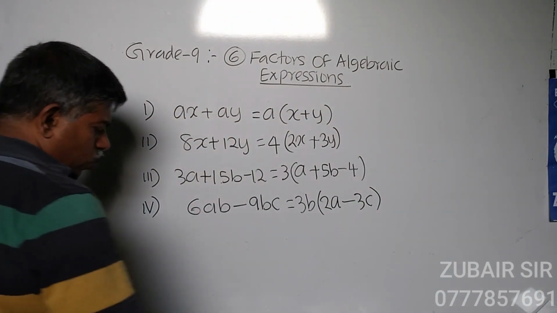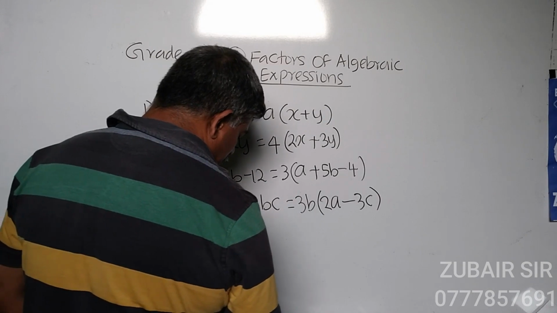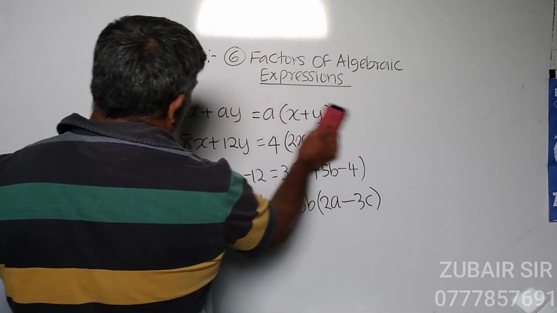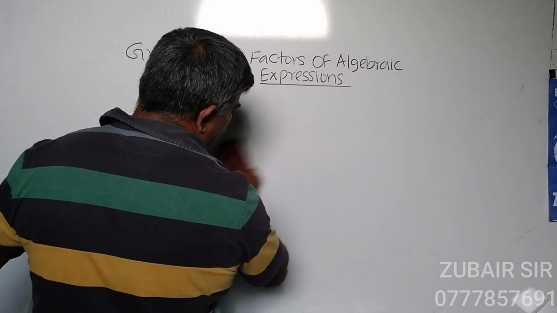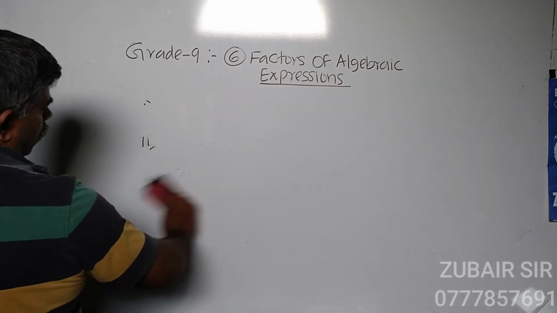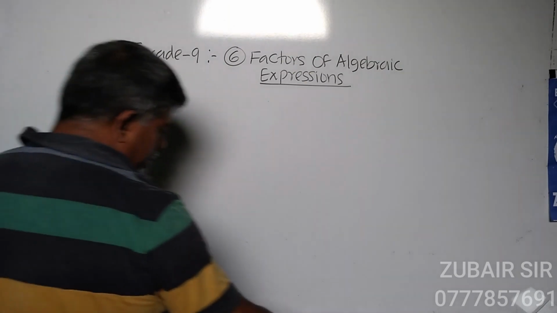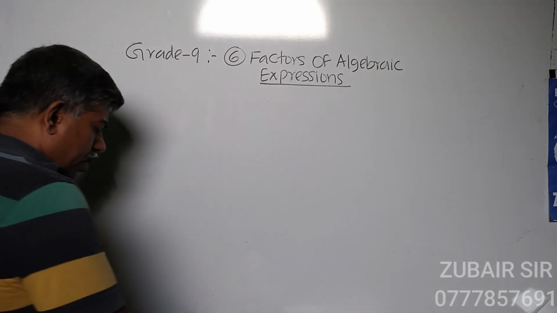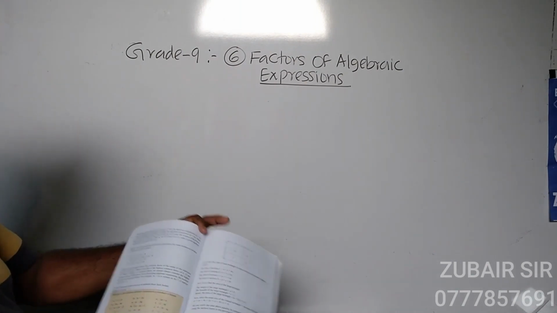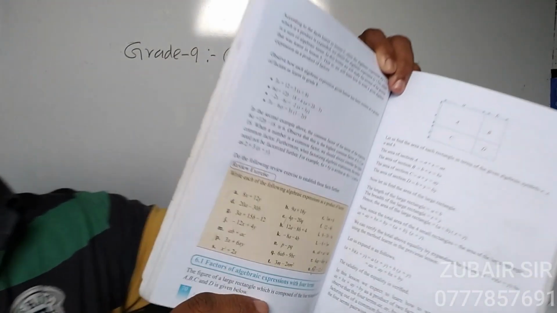So when there are 2 or 3 terms, you can separate the common factors and form the brackets like this. Right? By using this system, the exercise found in page 70 can be done.